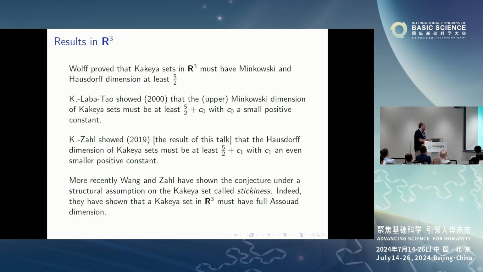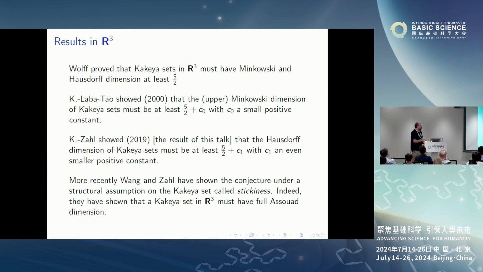So I want to say something about how this is related to these two results. The notion of stickiness was first defined in this paper, and basically the idea of both papers is that sets that are very close to tight for Wolff's estimate have a lot of rigidity. One has a lot of information about what such Kakeya sets look like.